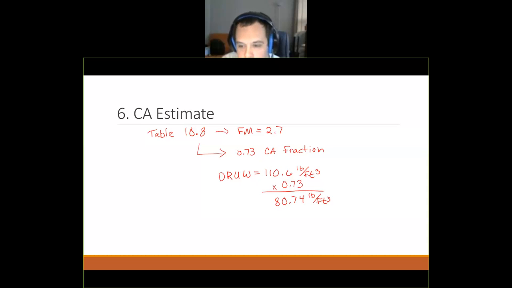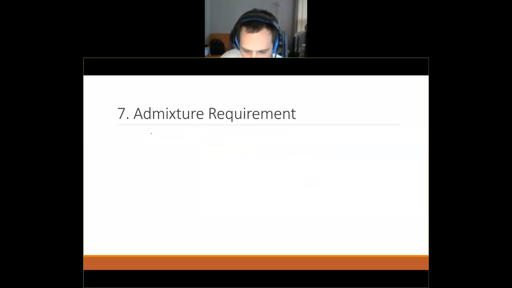All right, so now I have my cement, my water, my fly ash, and my coarse aggregate. So all that really leaves us with is our admixtures. All right, so with our admixtures, we want 6% air.